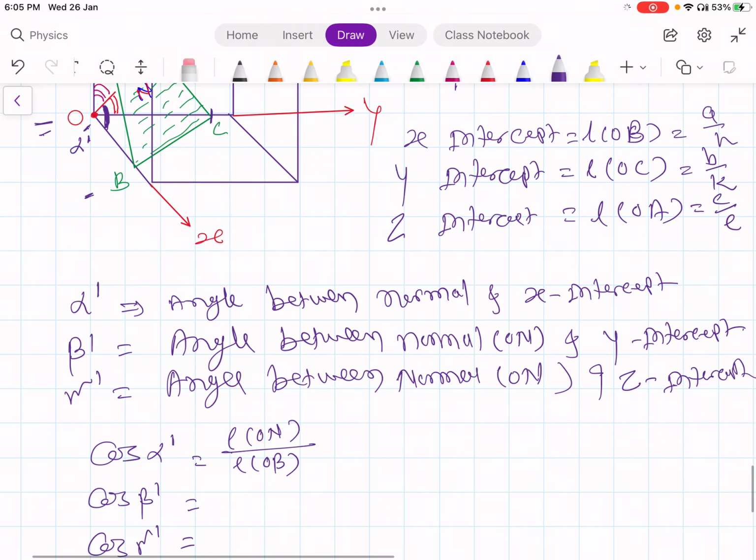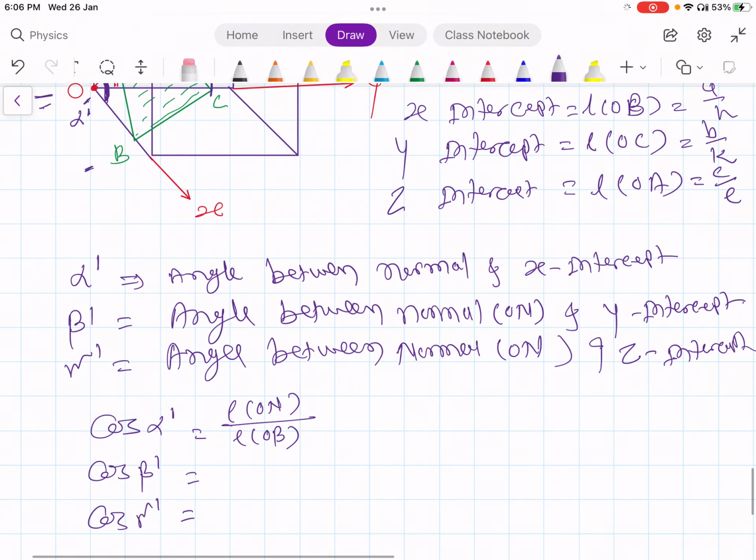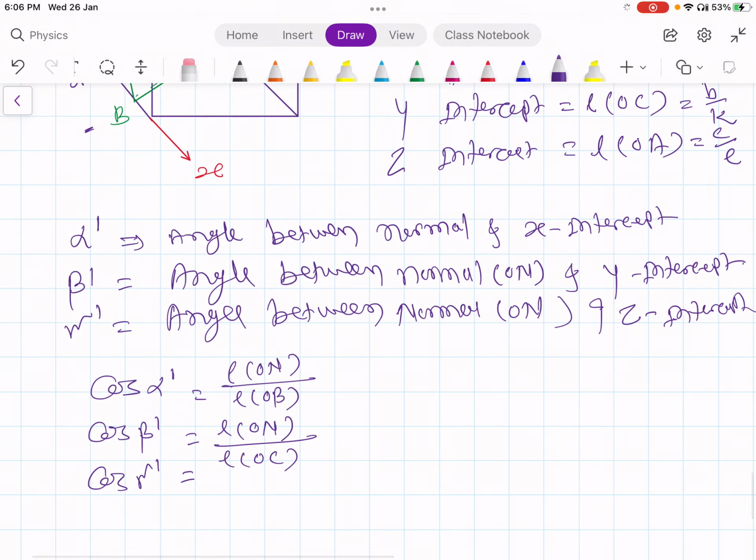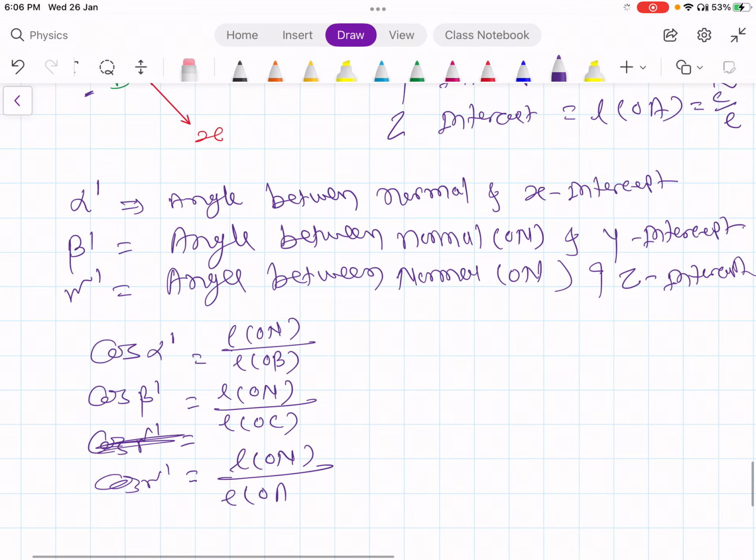Similarly, cos beta dash is length of normal OM divided by length OC, which is the y-intercept. And cos gamma dash is equal to length ON upon length OA. OA is the z-intercept.